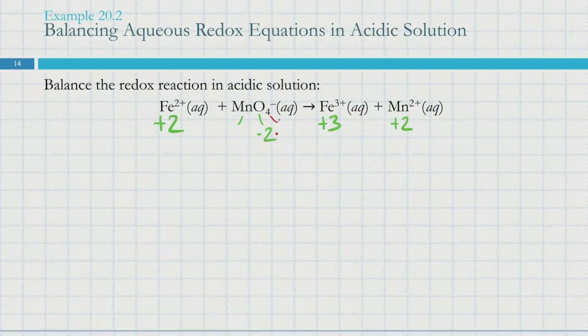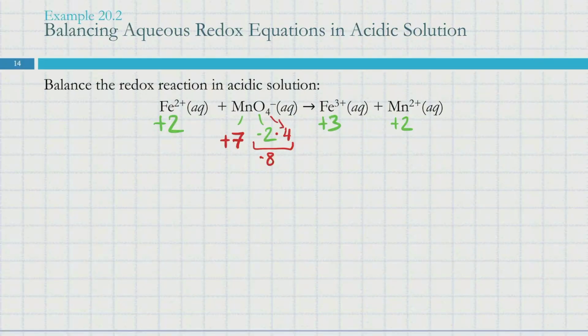And we've got 4 of them. So overall, that's -8 oxidation from the oxygen. We need to get to an overall of -1. So -8 plus what number gives us -1? It's +7. And so manganese in this compound has a +7 oxidation number.